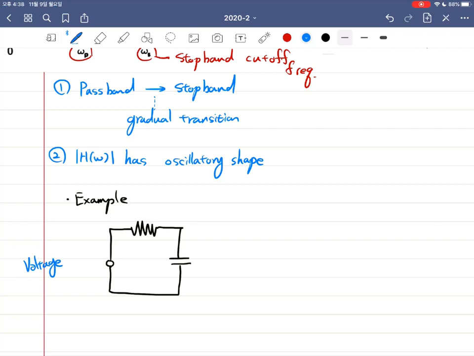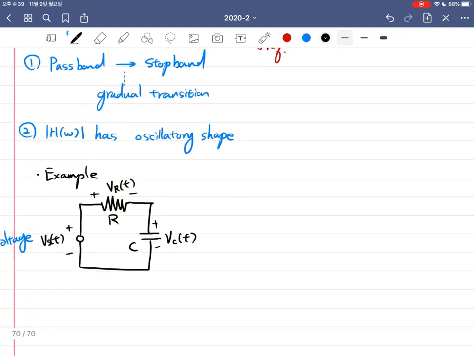I will have a voltage which I can control, so this voltage will be an input. So we have Vs of t, and this is R, which is a resistor, and this is C, which is a capacitor. So we have VR and VC respectively, and this is called the RC circuit.